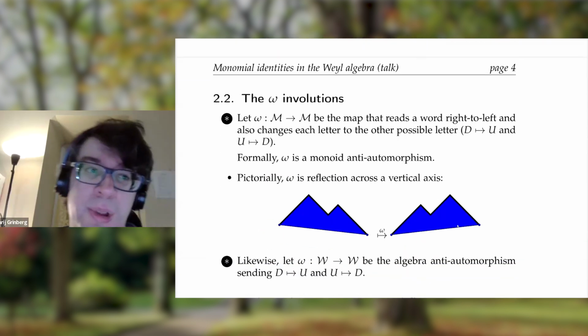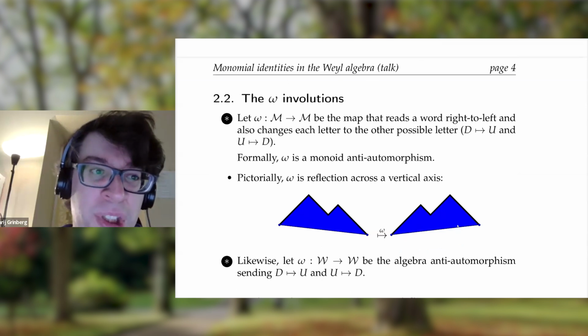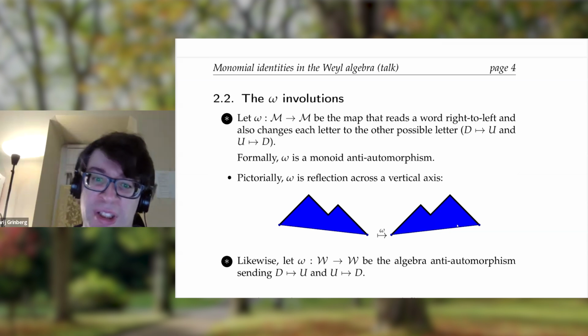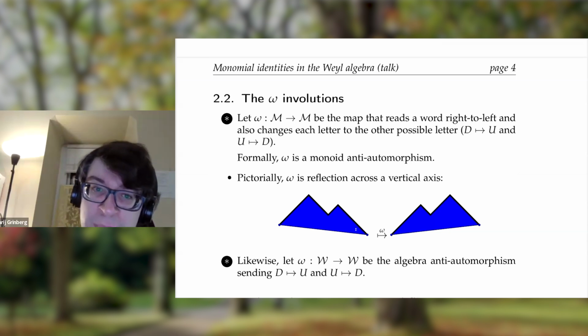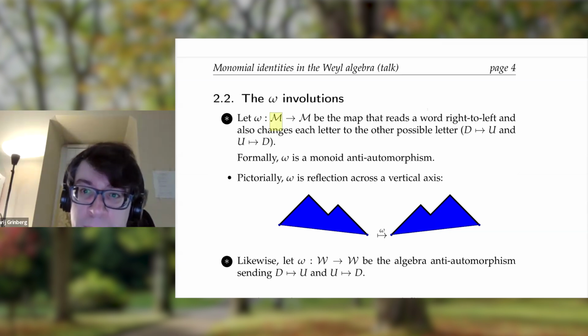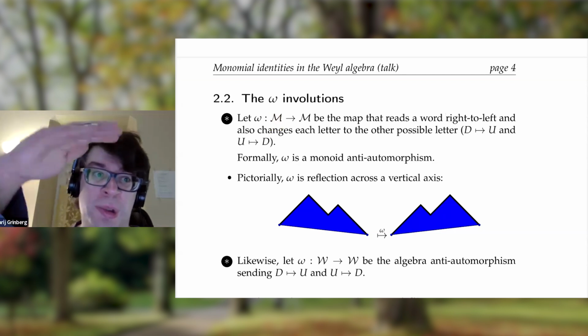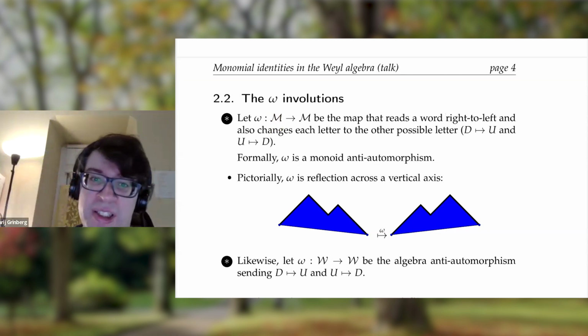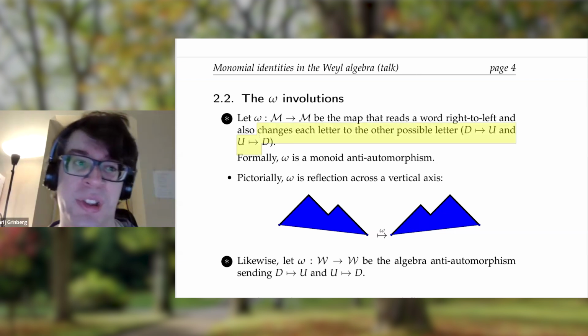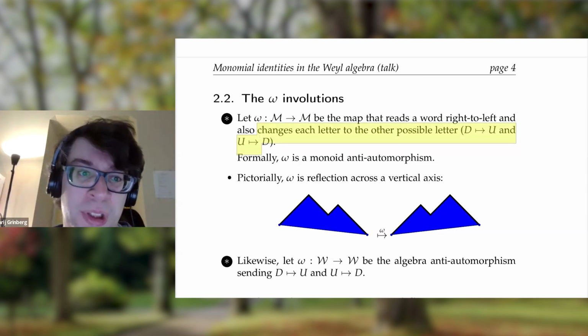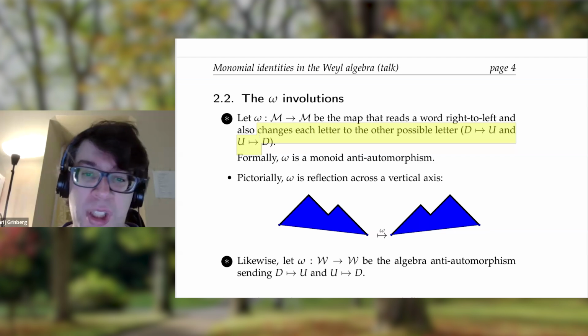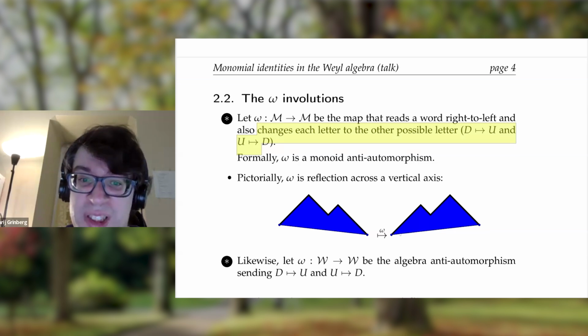So here is one nice thing you can do with words. It's a bit like the Schützenberger involution. I call it omega. So what does it do? It takes a word, reads it right to left, so it reverses it, and then it also changes every letter to the opposite. So D becomes U and U becomes D. And geometrically, it's even simpler.